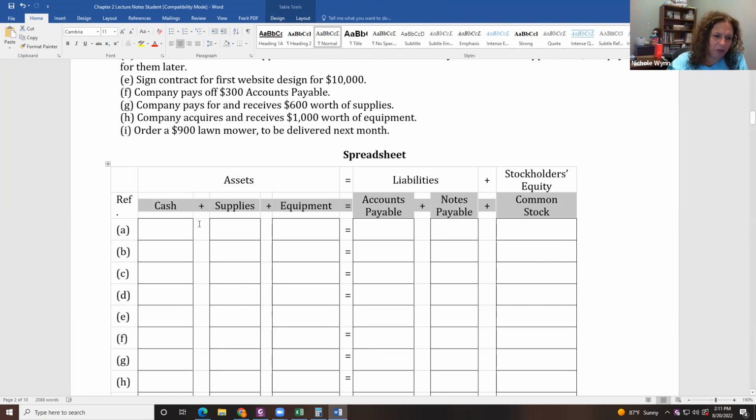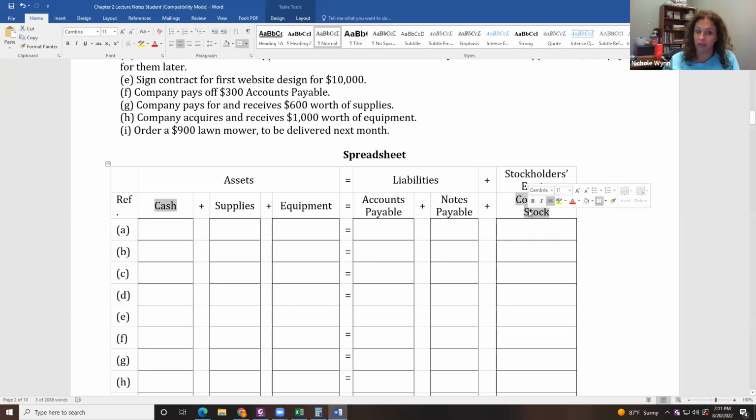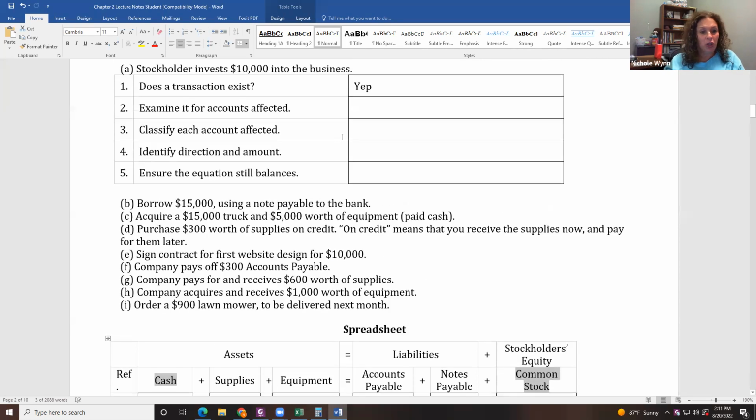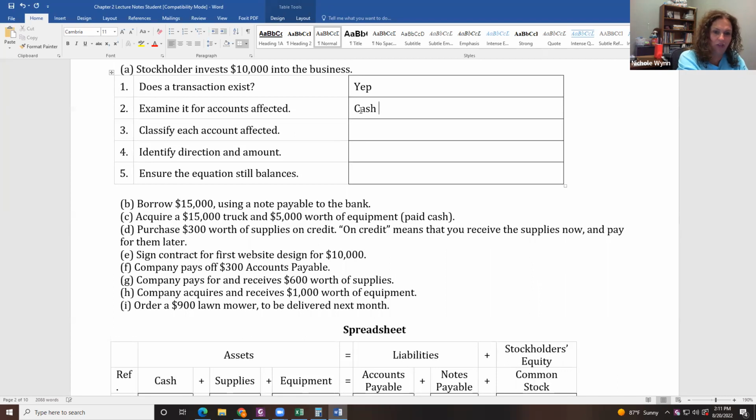So the 2 accounts that we're going to use are, and normally I would ask you guys and you would tell me, but you can't tell me because you're not talking to me in this video. So we have cash and we have common stock because the owners invested money in the business. So we're going to say cash and common stock. Classify each account. Cash is an asset and common stock is an owner's equity. Identify direction and amount.